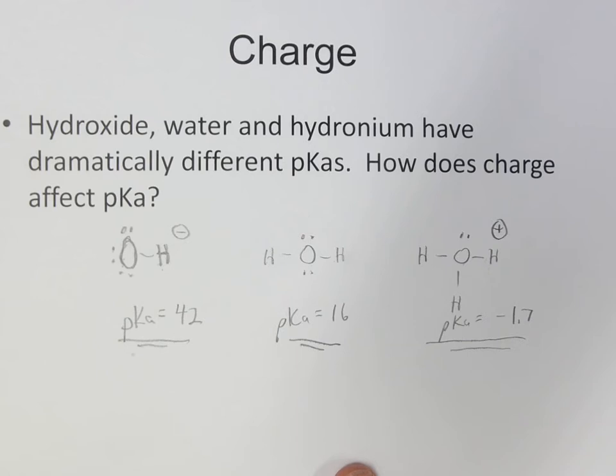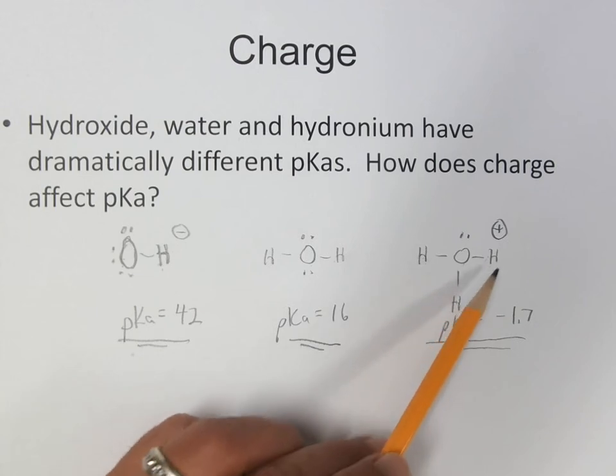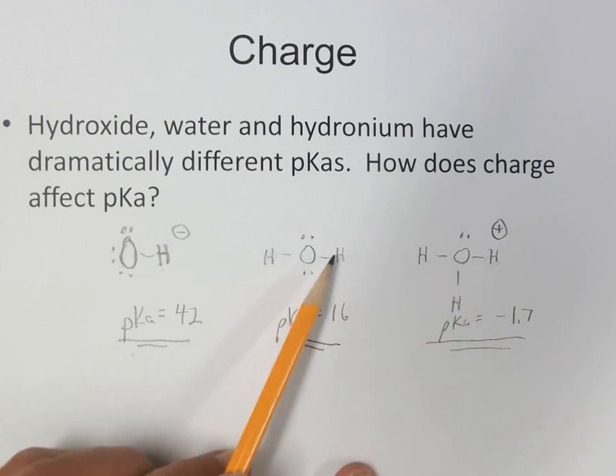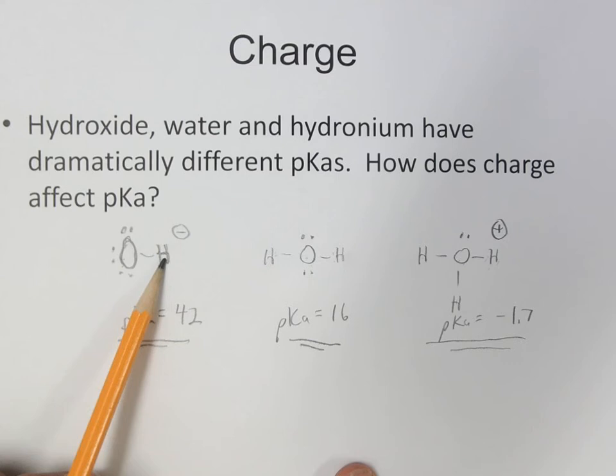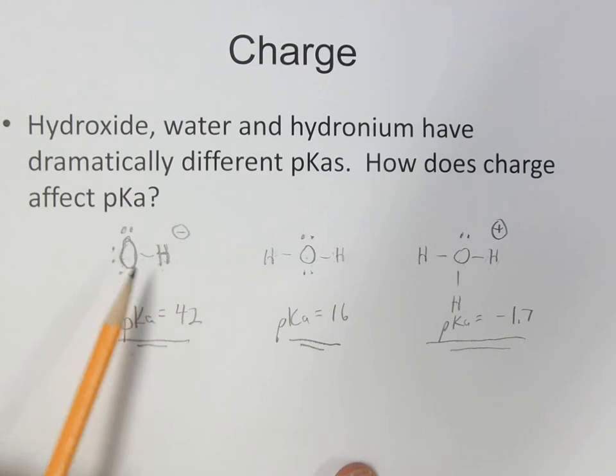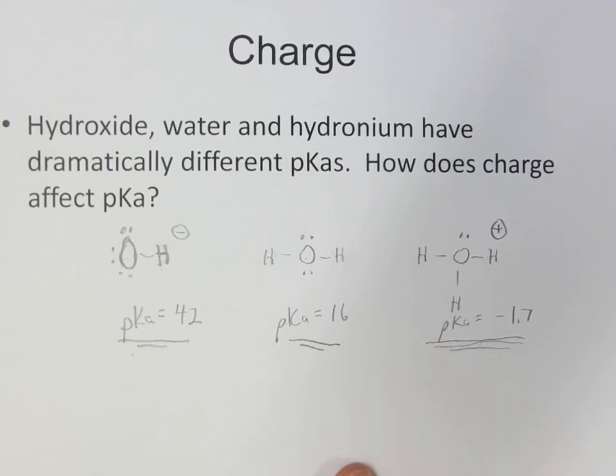So some people will call this the degree of protonation, that there's 3 H+ on this oxygen, 2 H+ on this oxygen, and 1 H+ on this oxide, right? So they would say that the greater the degree of protonation, the more acidic and the lower the pKa.